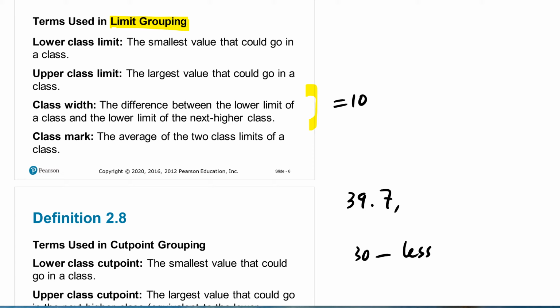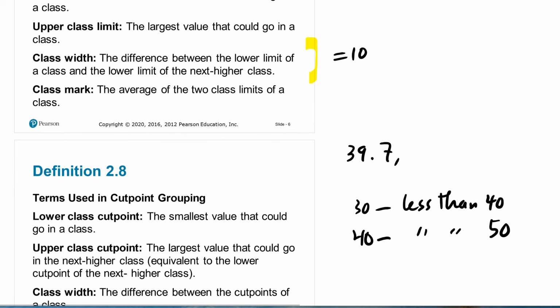Less than 40, or lower than 40, same thing. The next one will be 40 to less than 50. Next one, 50 to less than 60. And this list goes on and on. So this is called cut point grouping.